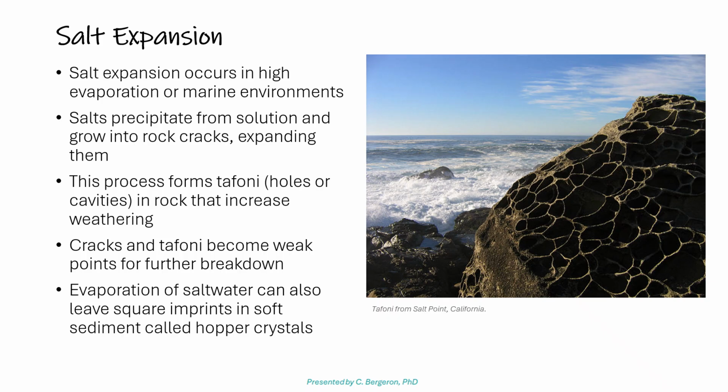Evaporation causes salts to precipitate out of solution. When it precipitates, that means a solid comes out of a liquid solution. And the salts will grow and expand into the cracks in a rock or the bedrock.